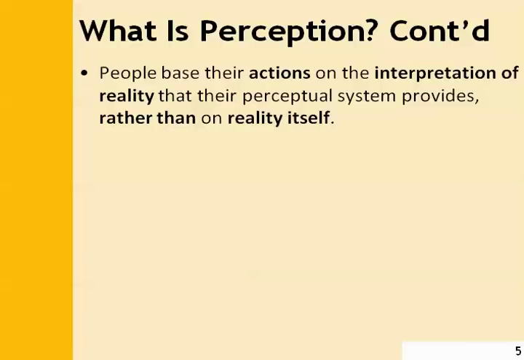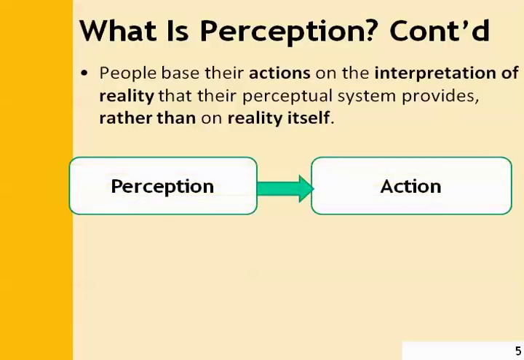This means that the reality could be something, but what you really interpret of this reality is a totally another thing. So, we'll have an example on that, but to summarize, perception leads to action. How I perceive the situation will lead to how I will act accordingly.